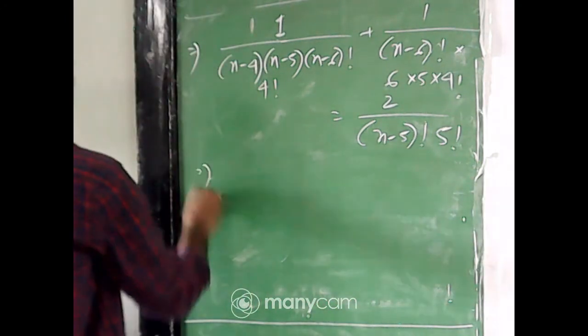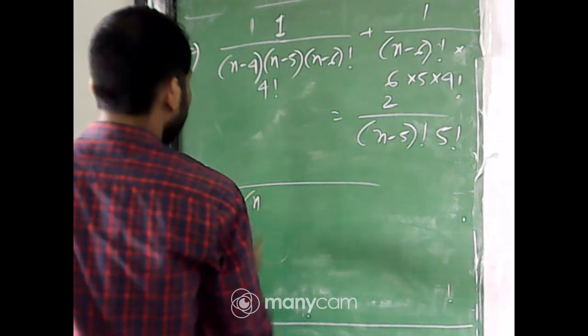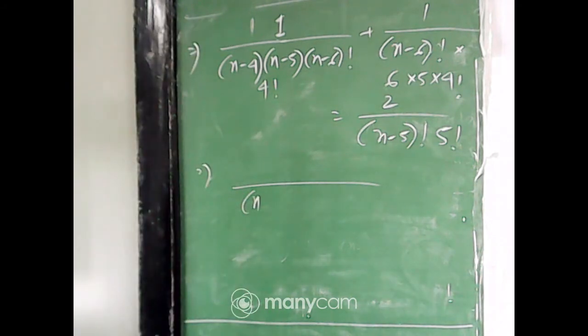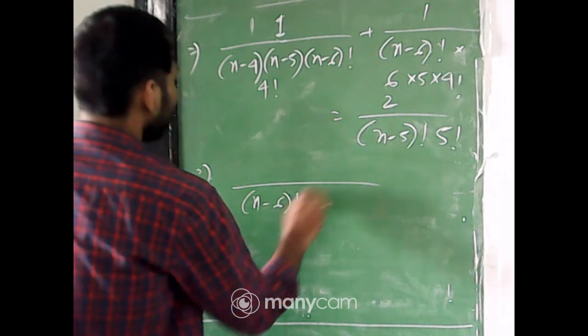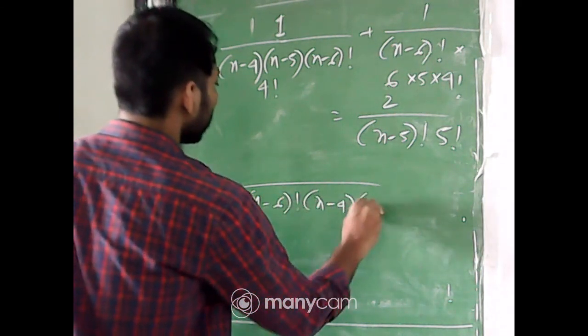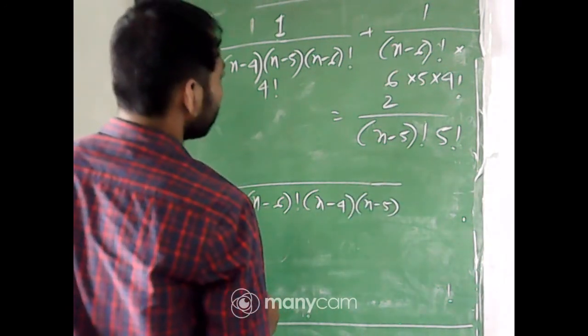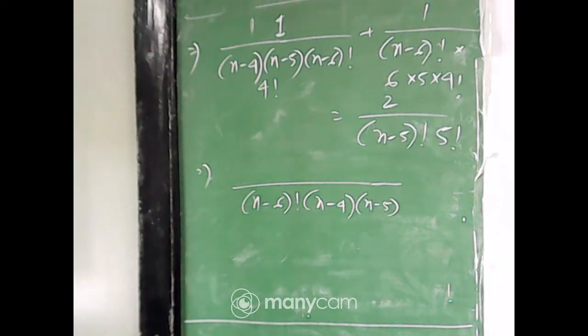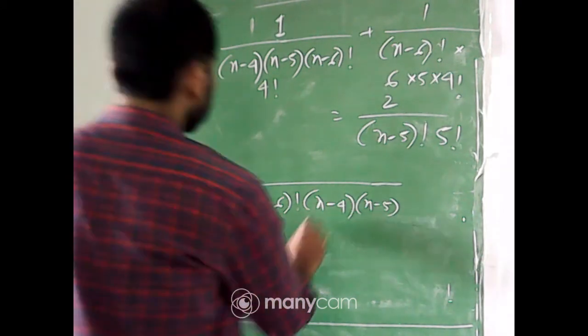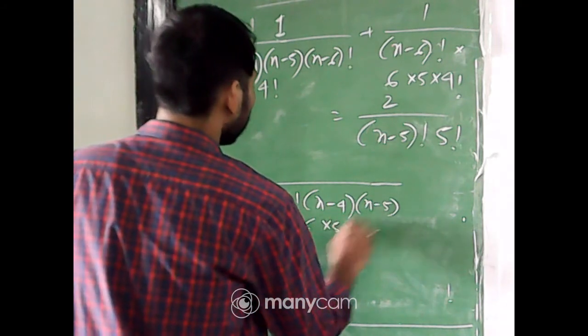The LCM will be n minus 6 factorial into n minus 4 into n minus 5, with that 6 factorial into 5 factorial into 4 factorial.